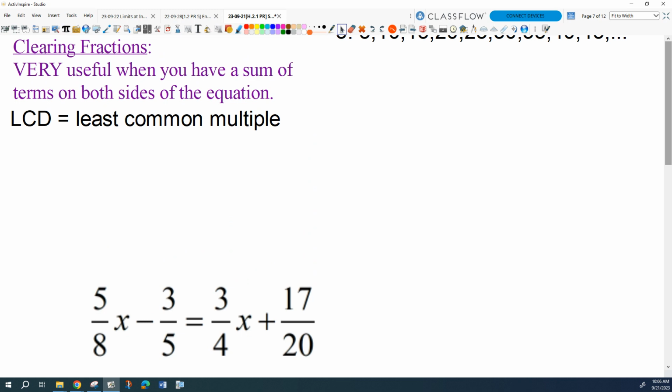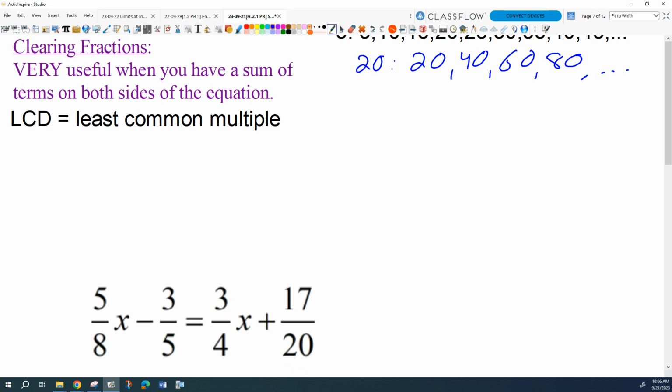It's the least common multiple of all denominators. So we're going to make a list of multiples of the biggest one, which is 20. So we'll just make a list of the multiples of 20, which are 20, 40, 60, 80, etc. And we'll just walk through that list until we find one that's divisible by all the other denominators.